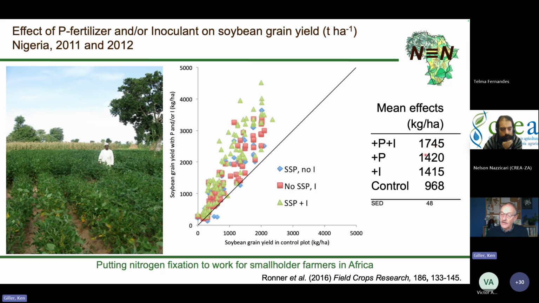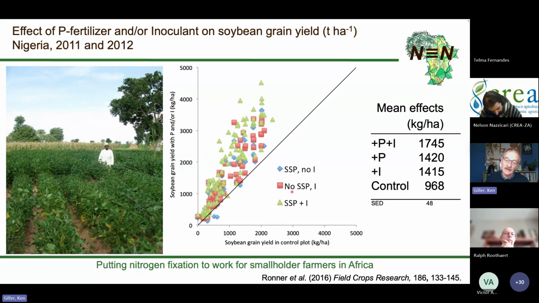But actually, we found that this is an additive effect of adding phosphorus and inoculation together. And you can see that in terms of the spread of points as well. The ones at the top are where we've got single superphosphate and inoculum compared to only inoculum on its own or just single superphosphate on its own.